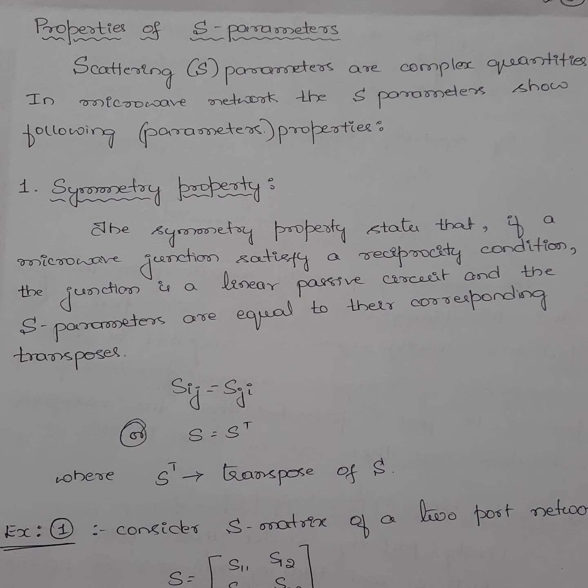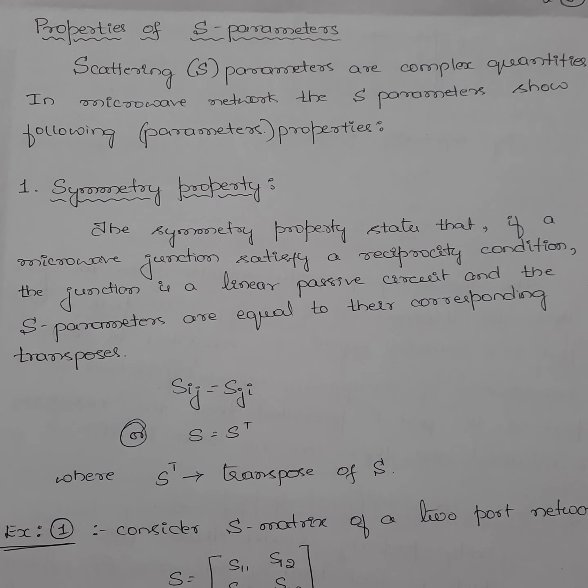Along with that, the junction should be a linear passive circuit, and then the S parameters are equal to their corresponding transposes. That is, Sij is equal to Sji, or S is equal to S transpose.